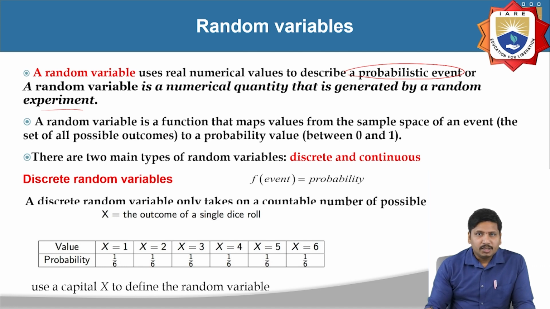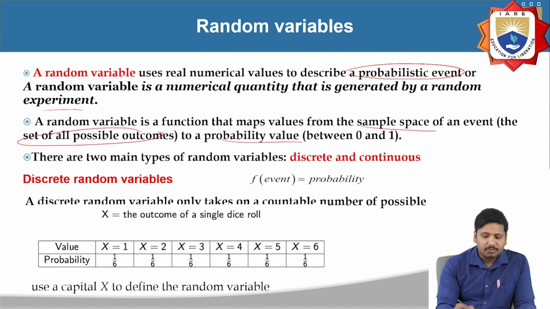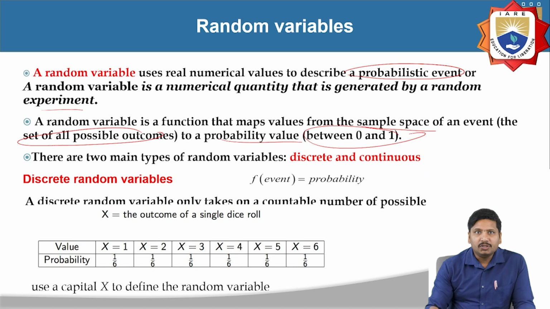So the random variable is a function that maps from the sample space of an event to the probability value. The sample space of an event means the set of all possible outcomes, and the probability value is between 0 and 1. There are two types of random variables, discrete and continuous.